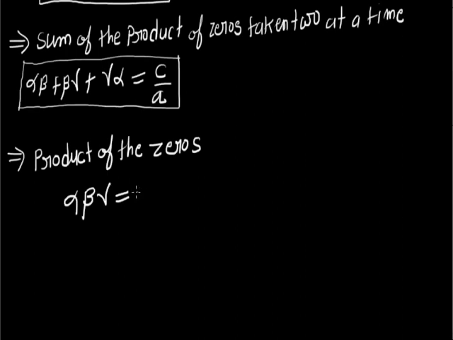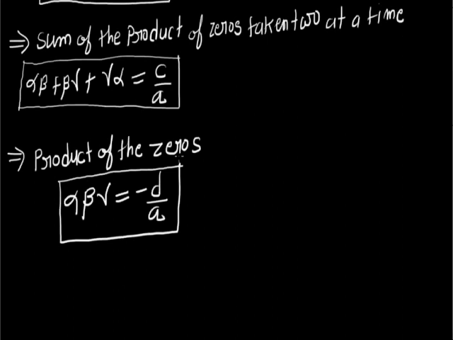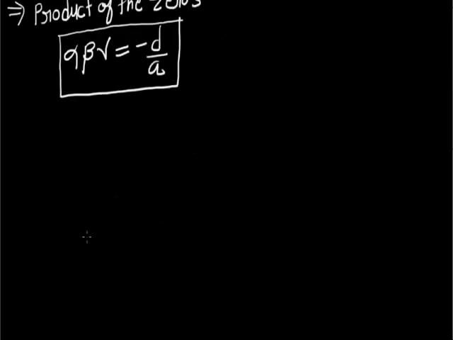It is equal to minus d divided by a. So from here we find the relation between the zeros and the coefficients. One is the sum of the zeros, next is the sum of the product of the zeros taken two at a time, and finally the product of the zeros, alpha beta gamma.